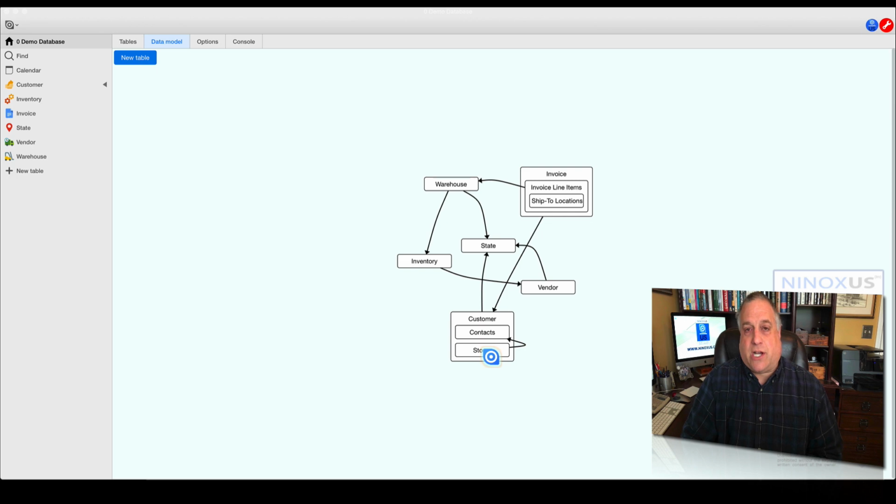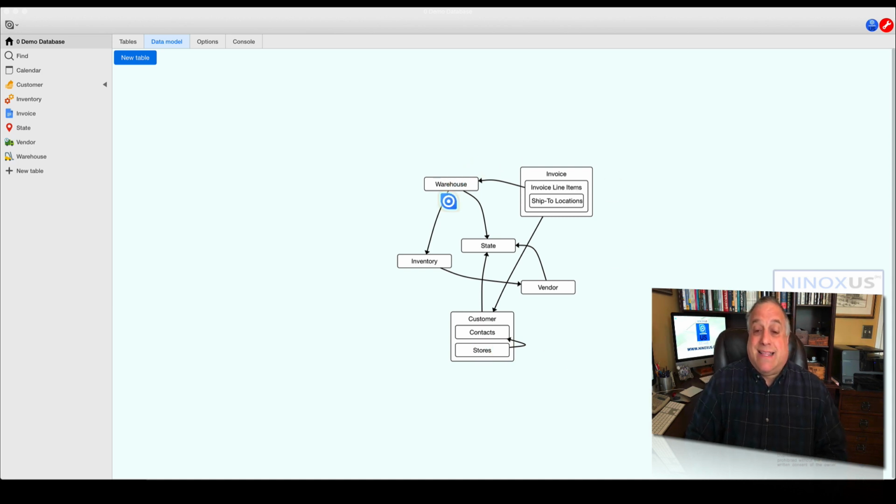There are no third generation or grandchildren tables. We have the customer. This is a master table representing the entities, the individuals and organizations that buy our goods and services. And each customer has contacts, people that work at that organization, and stores, locations where we deliver our goods and services. So, let us review.